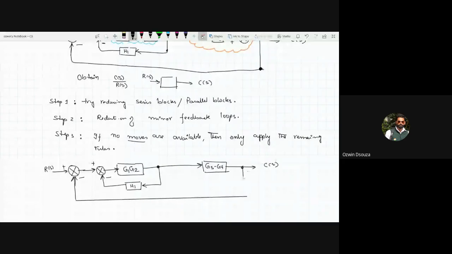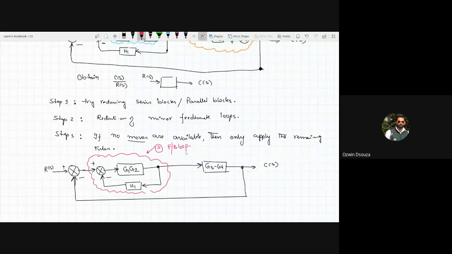Okay. Now, can you see? There is a feedback loop here, right? So there's a minor feedback loop. It is a negative feedback loop. Okay, this is my step 3.